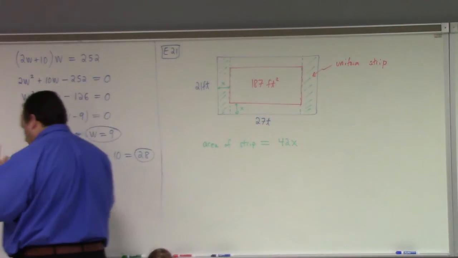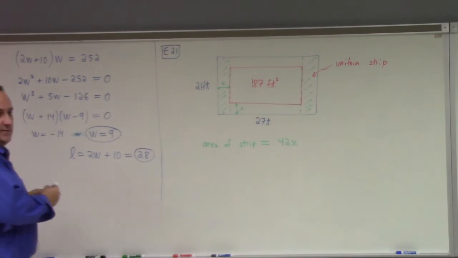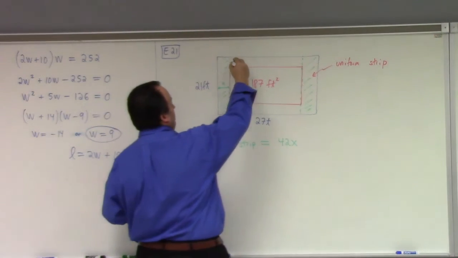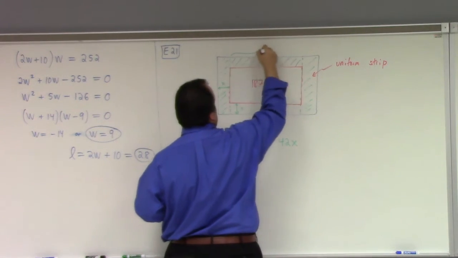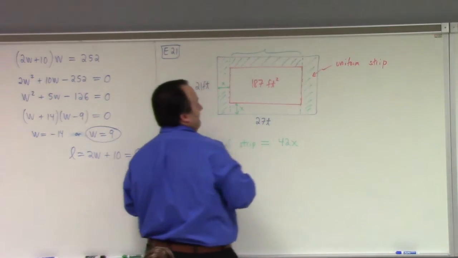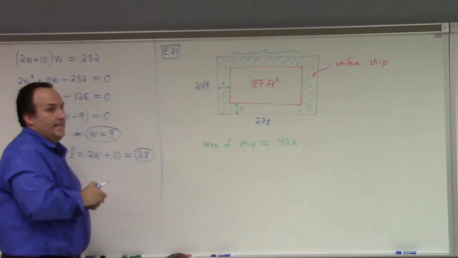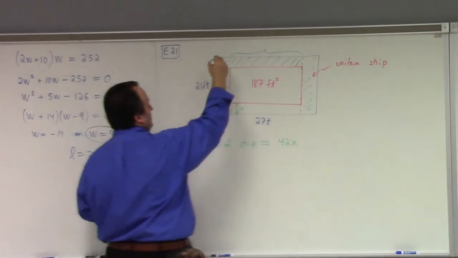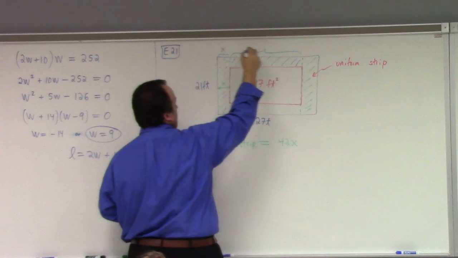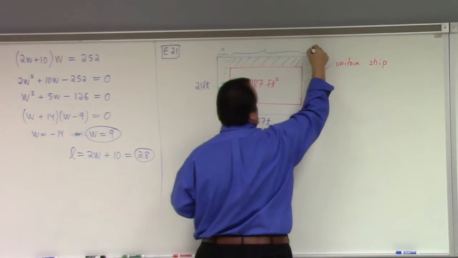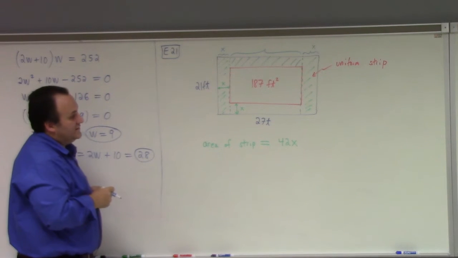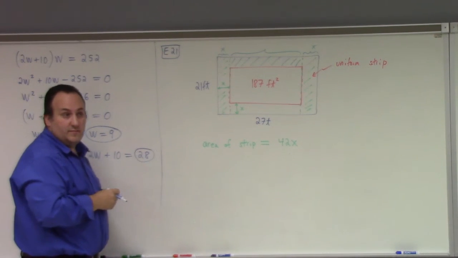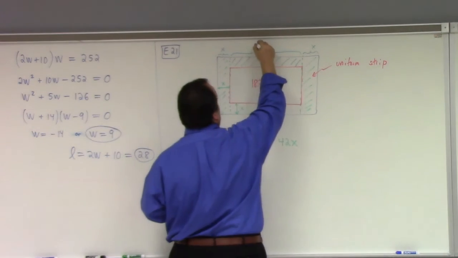But then there's also what's left, right? There's this piece right here. What's this distance? See, this here is x, right? This here is x. So that distance is what? It's 27 minus 2x.